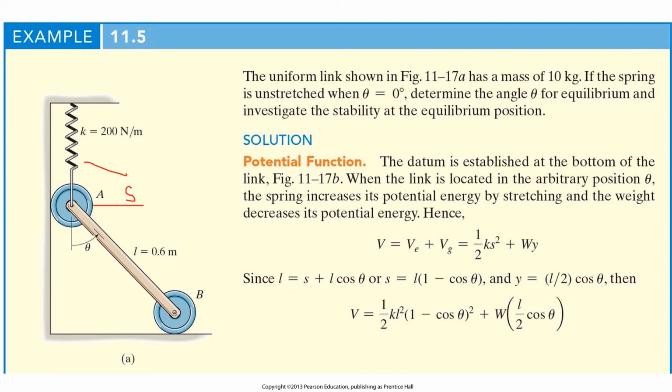And this is L cosine theta. This distance here is L cosine theta. Let's go back to my laser pointer. So S plus L cosine theta has to equal S. Solving for S. There we go.